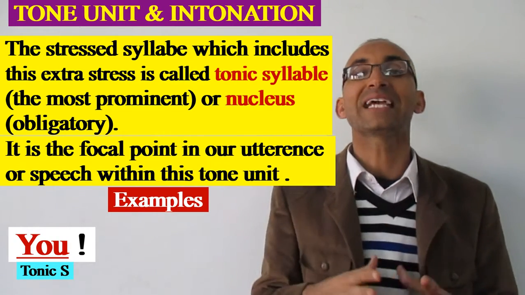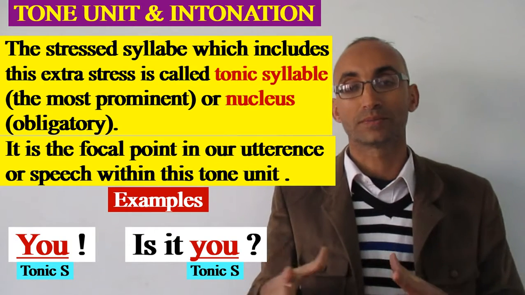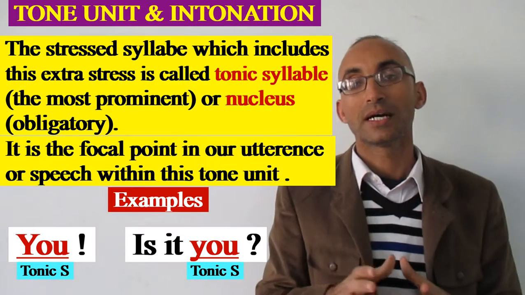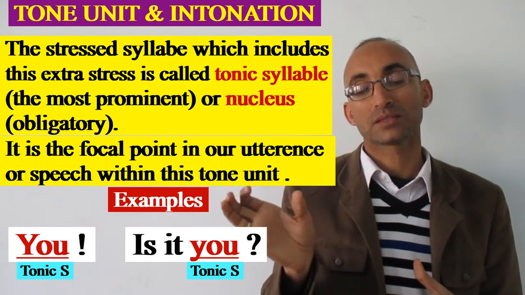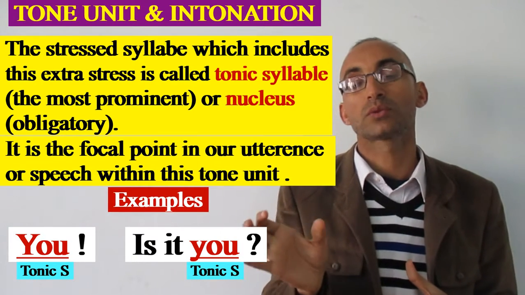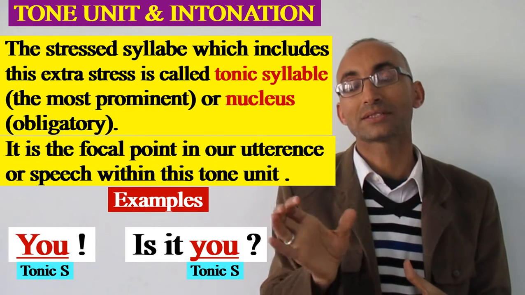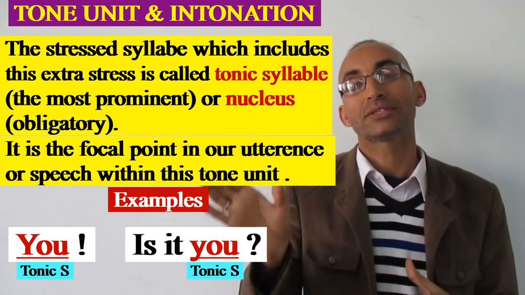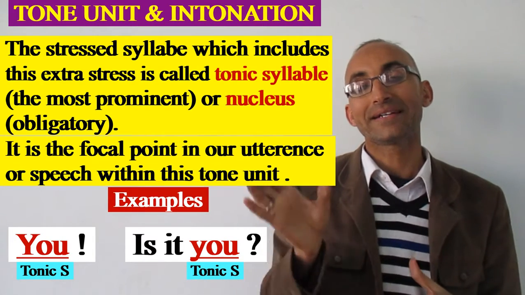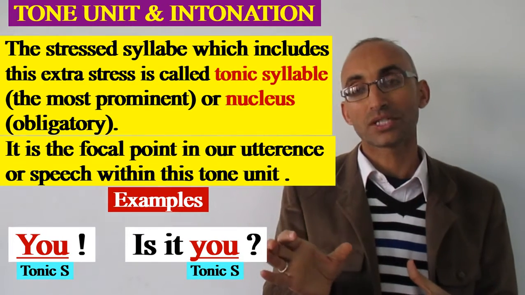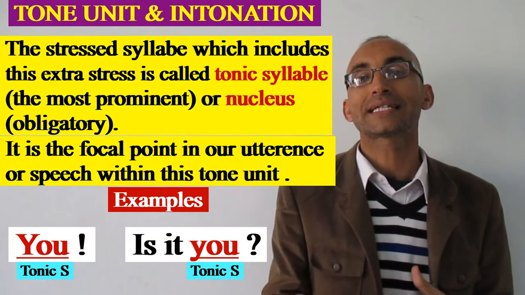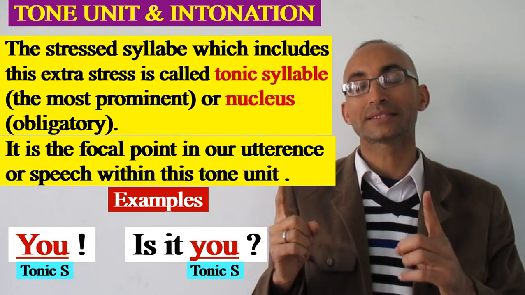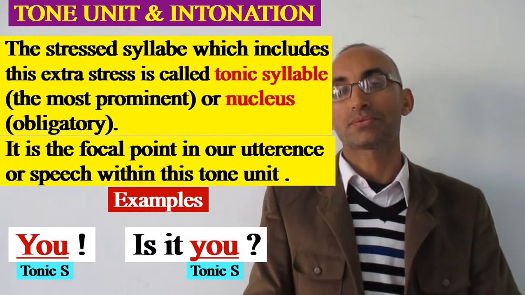Now, in case I have "is it you?" the tone unit contains the last word "you," which is usually the word which carries the extra stress. And as "you" carries extra stress, it is also considered the tonic syllable, or the nucleus, of this tone unit and this short utterance.